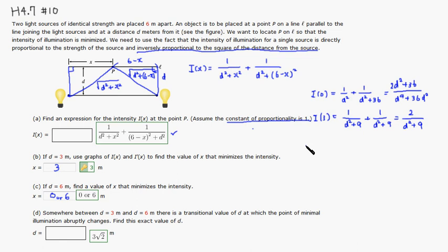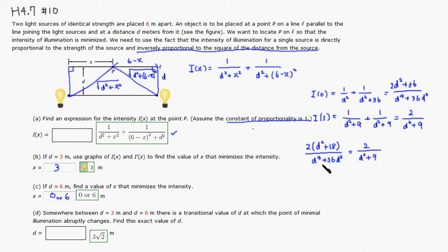So I'm going to factor 2 from both terms. So 2 times d squared plus 18 over d to the 4th plus 36 d squared is equal to 2 over d squared plus 9.